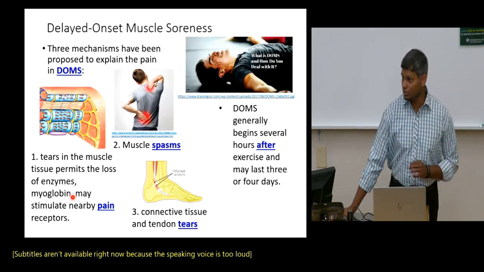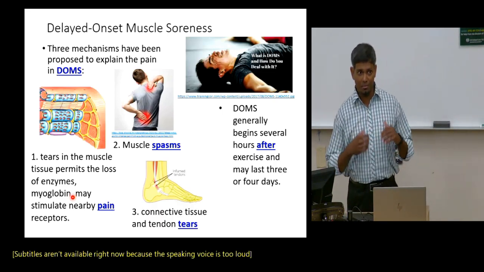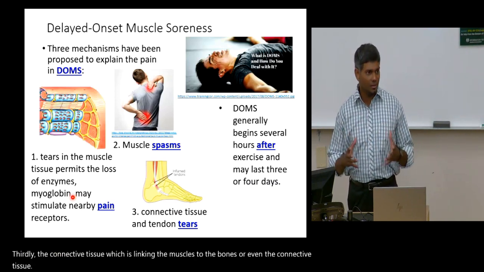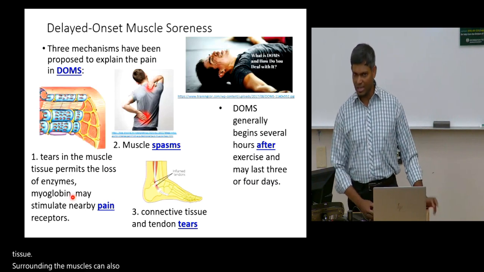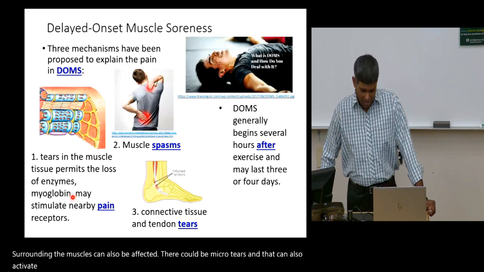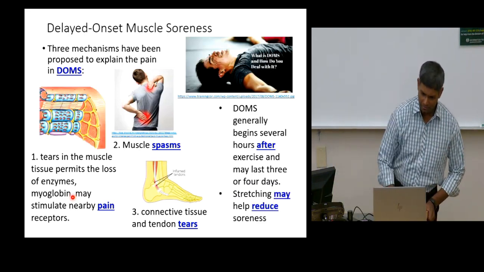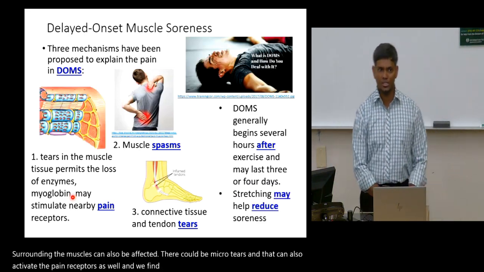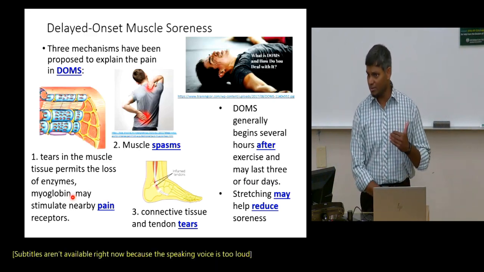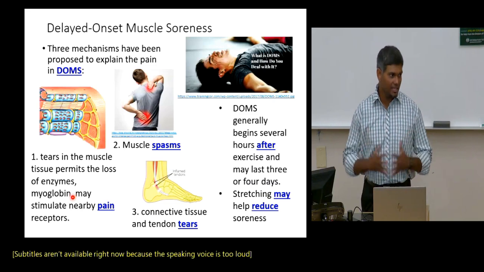the connective tissue, which is linking the muscles to the bones, or even the connective tissue surrounding the muscles, can also be affected. There could be micro tears, and that can also activate the pain receptors as well. And we find that one way in which this delayed onset muscle soreness can be reduced is by engaging in stretching, right?